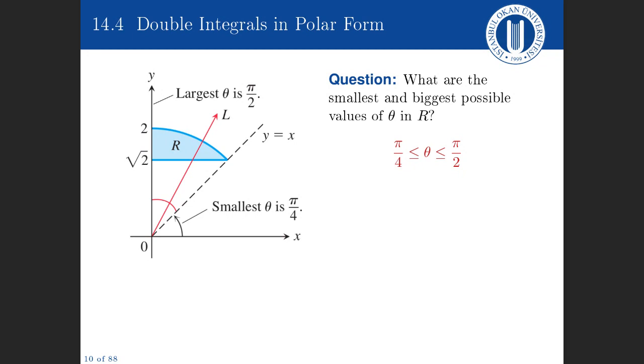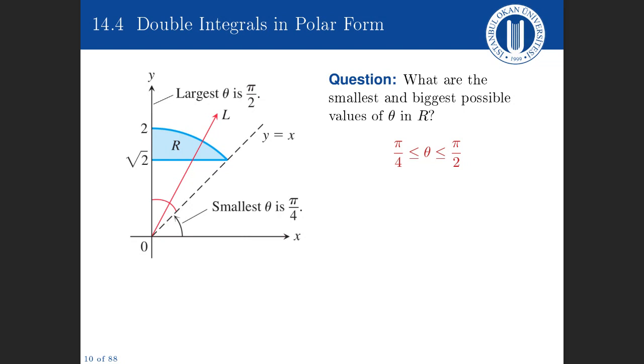The point with the smallest theta is going to be this point just here, where the angle is 45 degrees or pi over 4. And the points with the biggest possible theta are going to be on the y-axis, where the angle is 90 degrees or pi over 2. So in this region R, theta must be between pi over 4 and pi over 2.